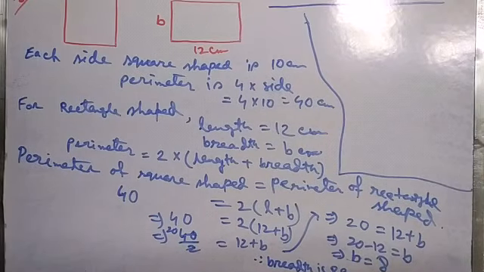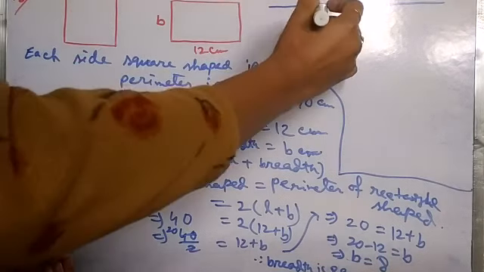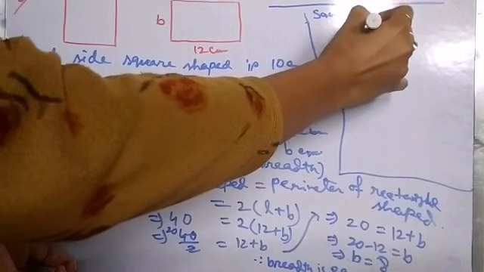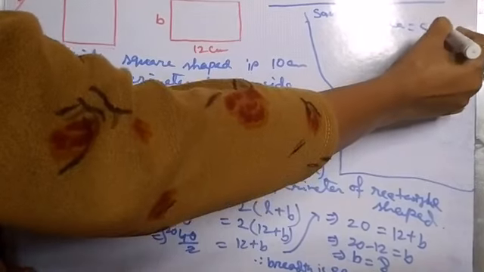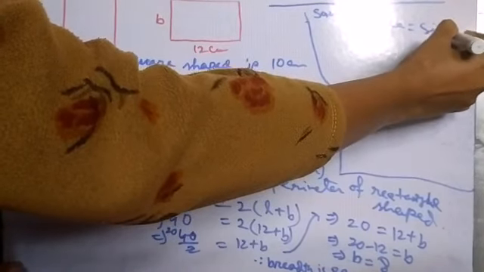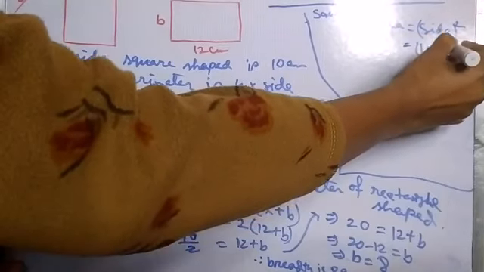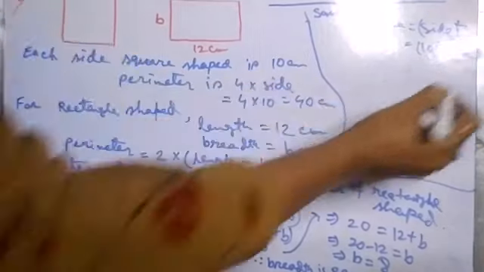Now the last part of this question, that is which figure encloses more area and by how much. So for both the cases we have to find out the area. So for square, area equal to side square, that means 10 square, that means 100 centimeter square.